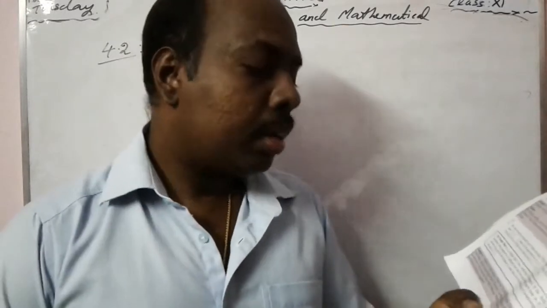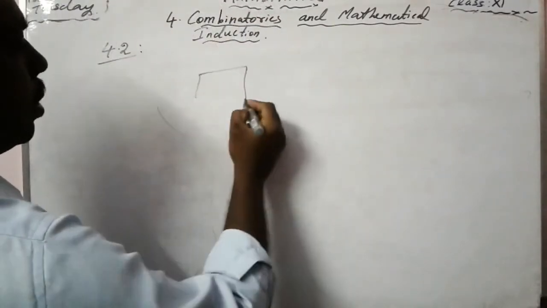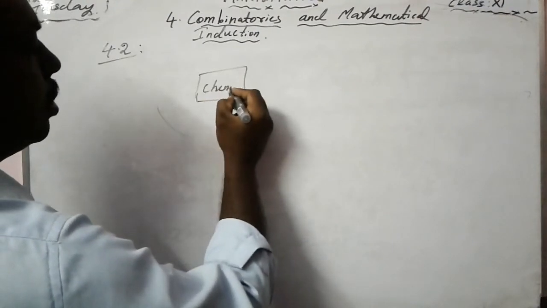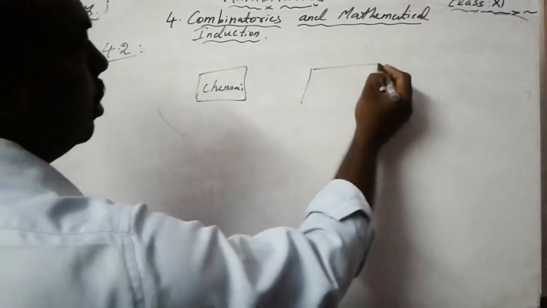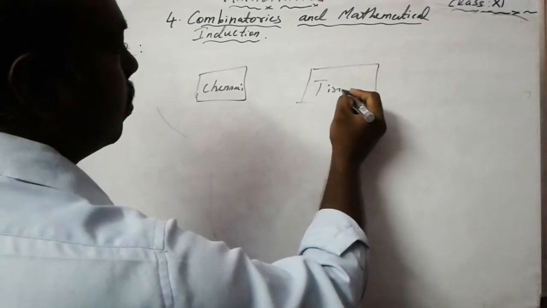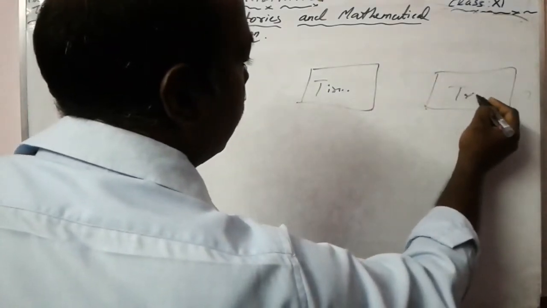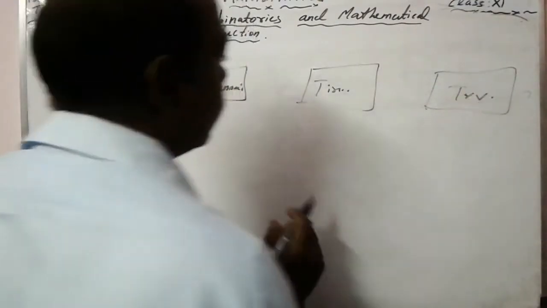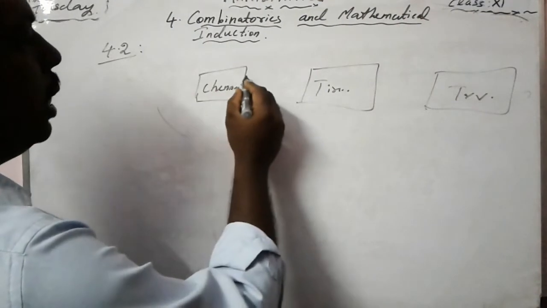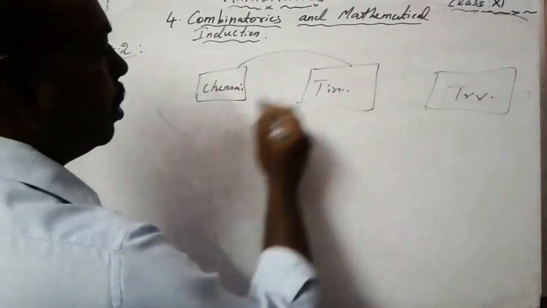So if you draw the diagram, it is easy for you. There are three cities: Chennai, Tiruchi, Tirunelveli. From Chennai to Tiruchi there are two roads.